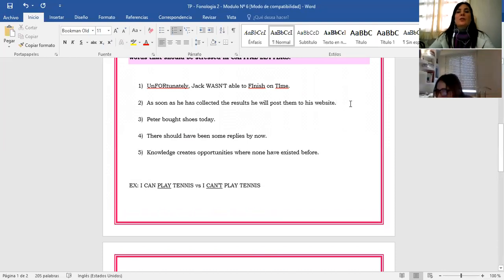Okay, what about number 2? As soon as. I think that soon, because it's an adverb. Yes. Good. As soon as. Is he important in this sentence? I think that's not very important.